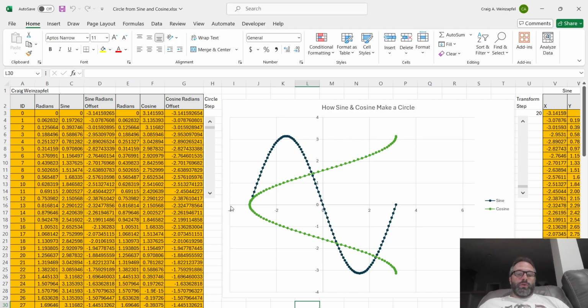I'll do the same with a horizontal line for the sine wave, and it will always traverse this way. So wherever the intersection point of that vertical for the cosine wave and the horizontal for the sine wave is, that is the point that we're going to use to draw our circle. And that's really the same as what we did in the previous video, where the cosine of the radians is going to be our x value, and the sine of the radians is going to be our y value.